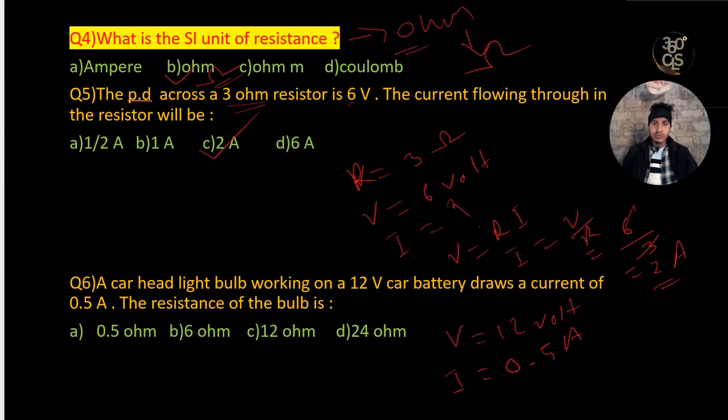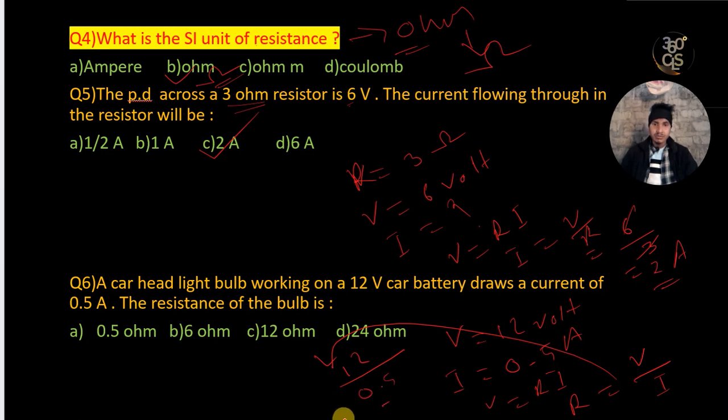Now from Ohm's law we know that V is equal to R I. Now we have to find the resistance, that is R. So R is equal to V upon I. By putting this value, V is equal to 12 volt, and I is equal to 0.5.